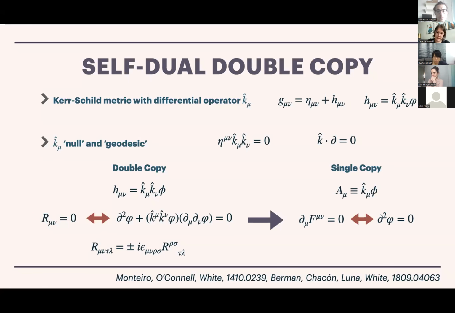And that is the linearized version of self-dual Yang-Mills, which we have seen before. I just want to point out the thing that's going to be relevant for the Newman-Penrose map: whenever we have a complex scalar like phi that satisfies box phi equals 0, we can use this differential operator k hat to give us a solution to the vacuum self-dual Maxwell equations. So that's going to be relevant.